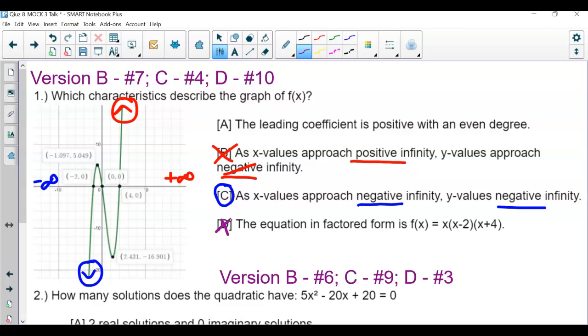So all the exponents are 1, but notice how the signs stayed the same. See how that's -2 and +4 and -2 and +4? Remember, when writing the equation in factored form, you have to change the sign. So this was supposed to be x times x plus 2 times x minus 4.